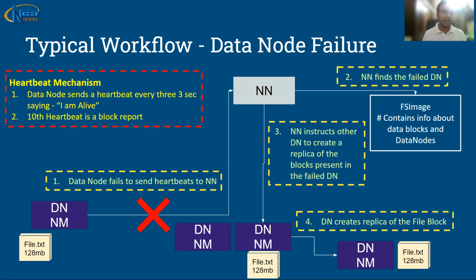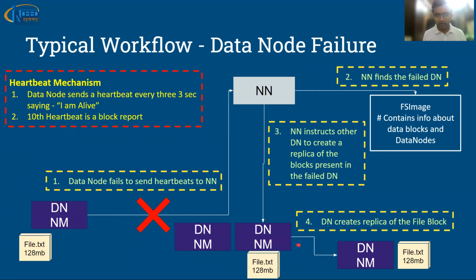Okay, now you may have a question that let's say after some time, this particular data node is getting up and it is active. So we have this particular block of file ready. So in this case, now we have 4 replicas. In that case also, name node basically tries to identify which data node is having more load.